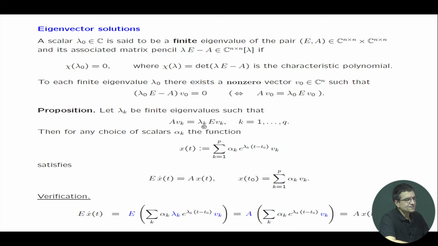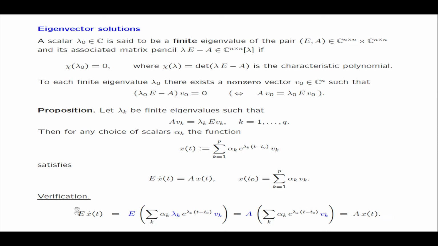And then to these data, the eigenvectors and the eigenvalues, we can define a function x of t in this way: multiply the eigenvectors with exponentials, where in the exponential the eigenvalue occurs, and multiply with some scalars. It turns out that each function which is defined in this way solves the homogeneous equation. And here the initial condition is then just this linear combination.